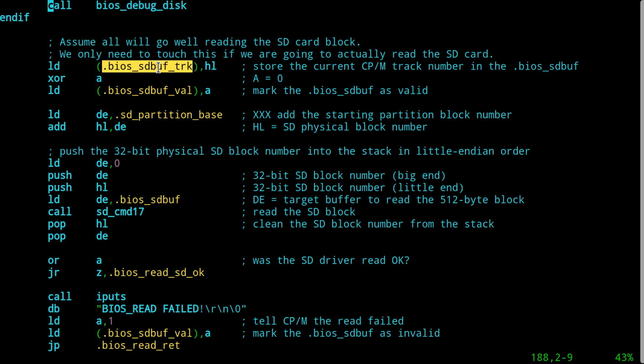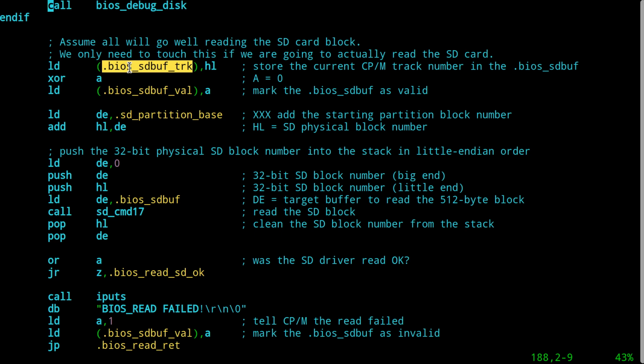For a direct map cache, as I mentioned before, what we need to store at this point is what is in the H register. The bits that comprise the track number that we need to remember, that are not simply the slot number. The slot number is implied by which element in the table we store the H in. So this is not too bad. Again, this is all because it's direct map.